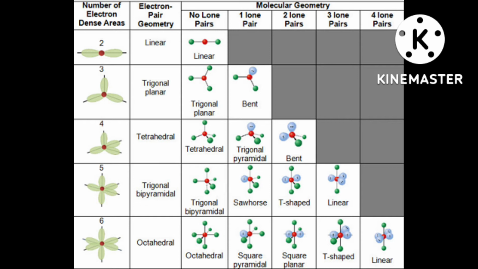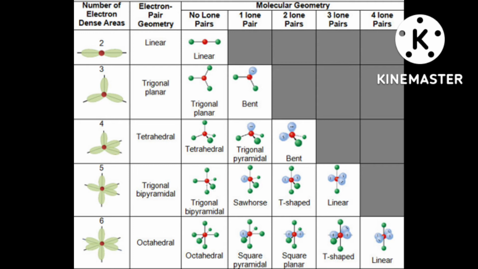AB means 2 atoms, AB3 means 3 plus 1, 4 atoms, AB4 means 5, AB5 means 6. This tells about the molecular type. But in this case, when lone pairs are there, you indicate the lone pair by E. E means electron pair, capital E.